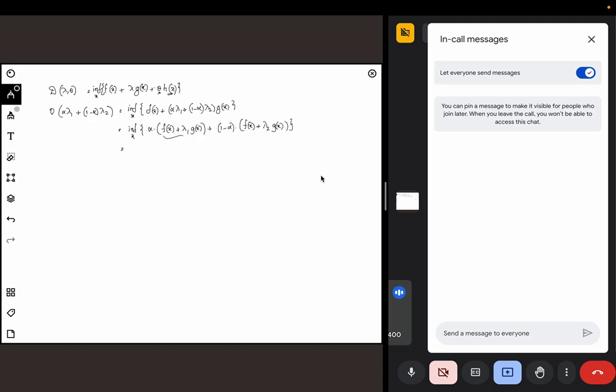What would this term mean? So what we are trying to do here is, let's say this is some function, infimum over x of alpha times, let's call this entire thing capital F1, plus 1 minus alpha times capital F2, and F1 and F2 both are functions of x.